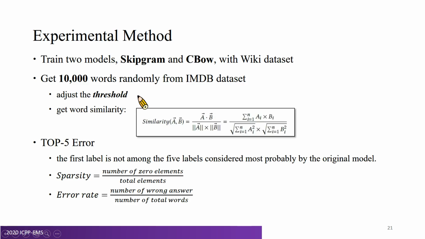And in mathematics, we can measure similarity between two vectors by using cosine similarity. In the rating stage, we randomly choose 10,000 different words from the IMDb dataset and use them to query for word similarity. If the top result of the modified FastText is not within the top 5 results of the original version, it will be regarded as a wrong answer.